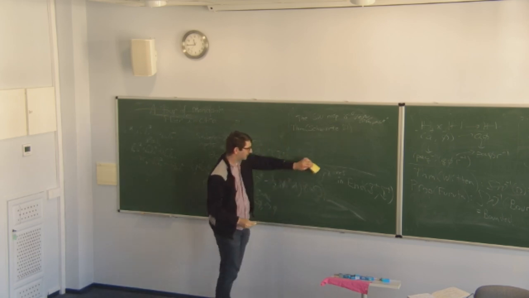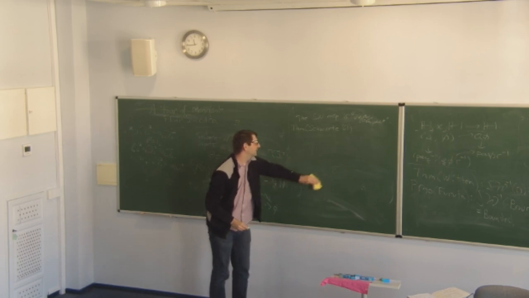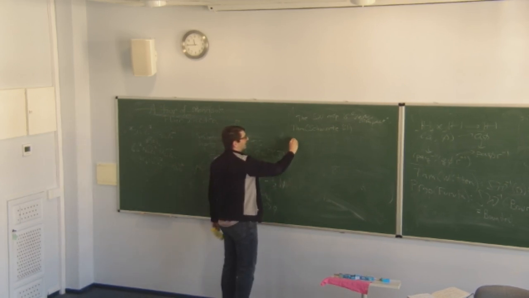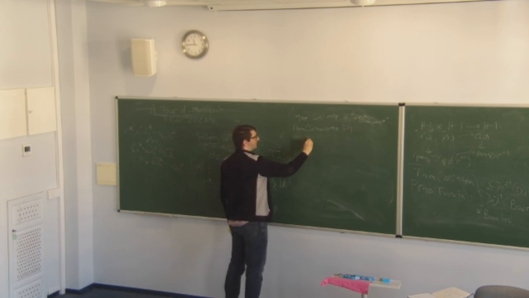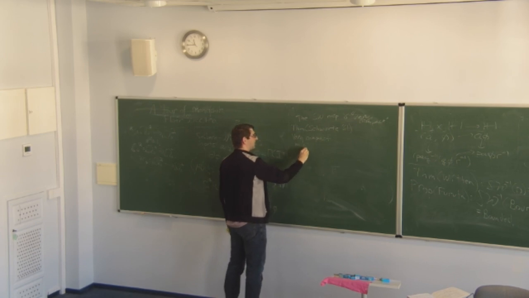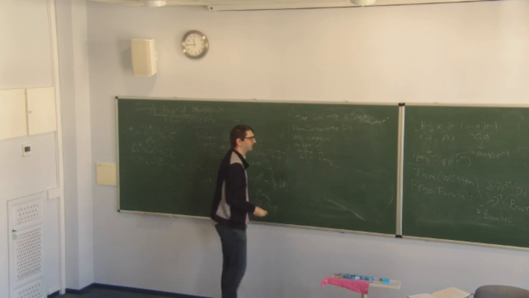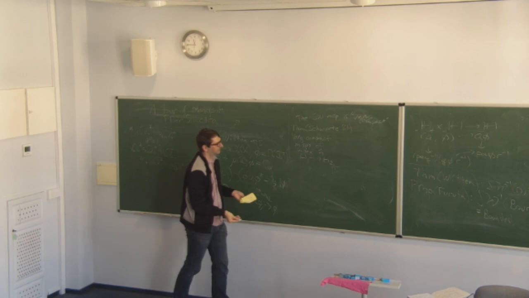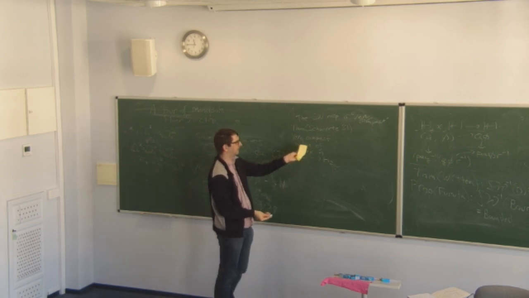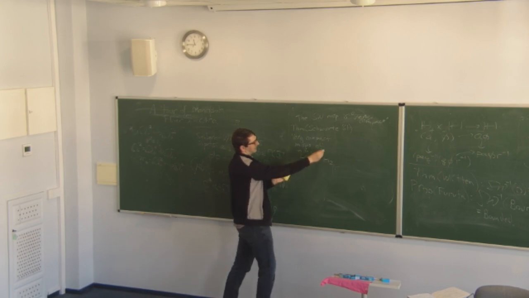Although it's not expressed in this terminology, this is how we'll render it here. The theorem says that very compact maps of index n between two Hilbert spaces, so let's say you have two Hilbert spaces, H1 and H2, and you have the set of very compact maps between them.